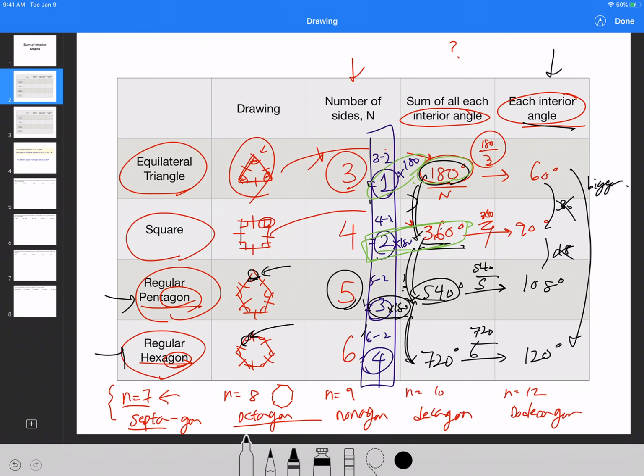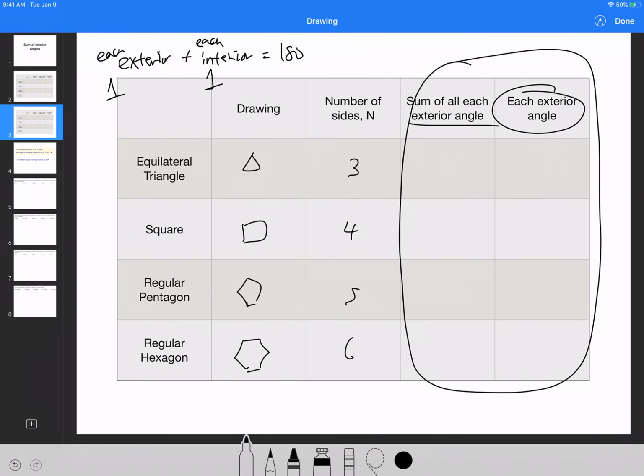From the previous slide, we have each interior angle as 60, 90, 108, and 120 degrees. What is the supplementary angle to these? That's your first question. Each exterior angle here is 120, 90, 72, and 60.